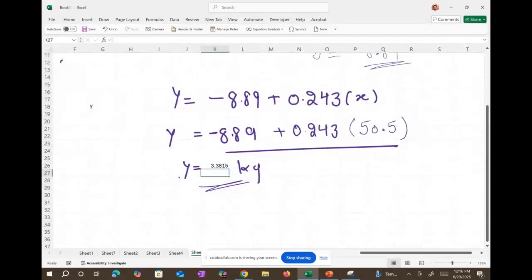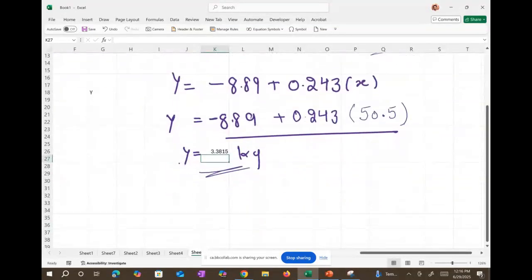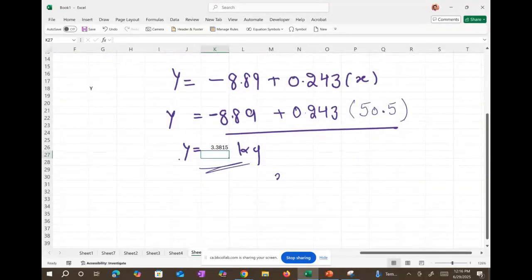Sometimes in the exam you may be given the y value. So something like: the birth weight of a newborn baby is 3.3815 kg, find the estimated birth length. In that case you put this y value here and then find the x value: 3.3815 equals negative 8.89 plus 0.243 multiplied by x.